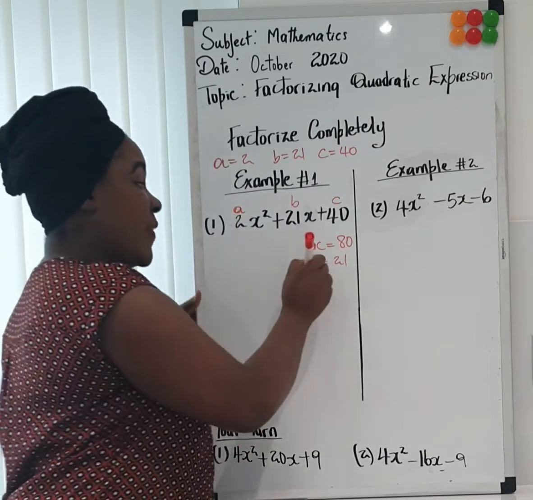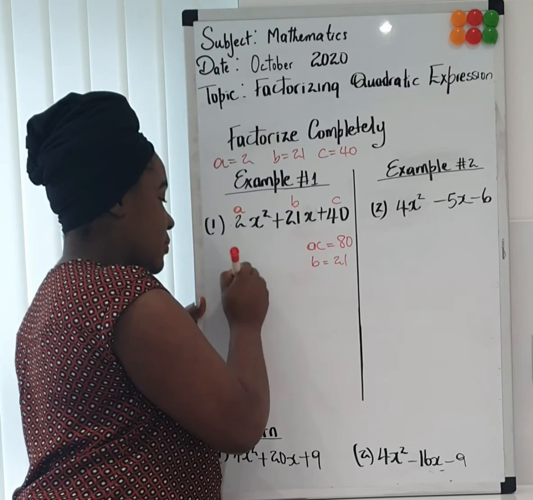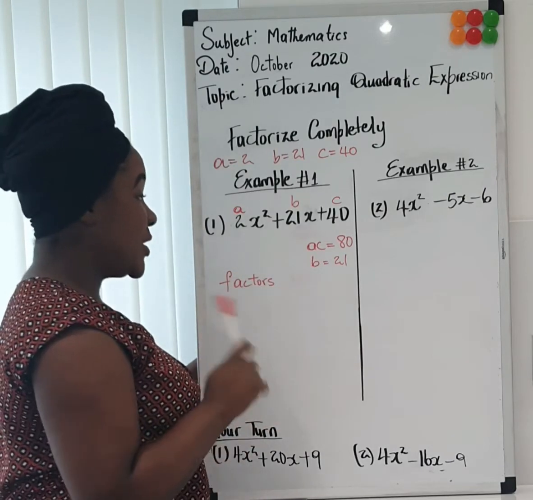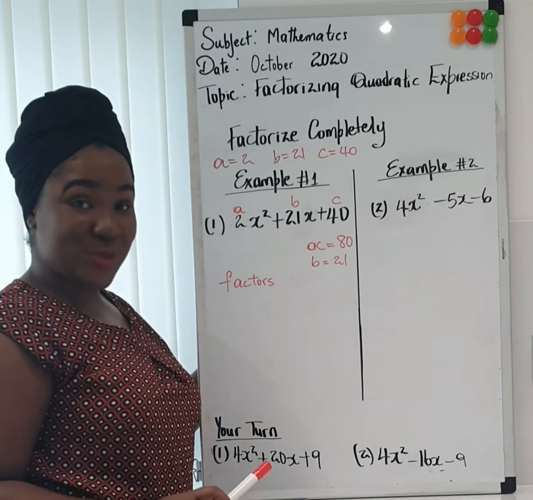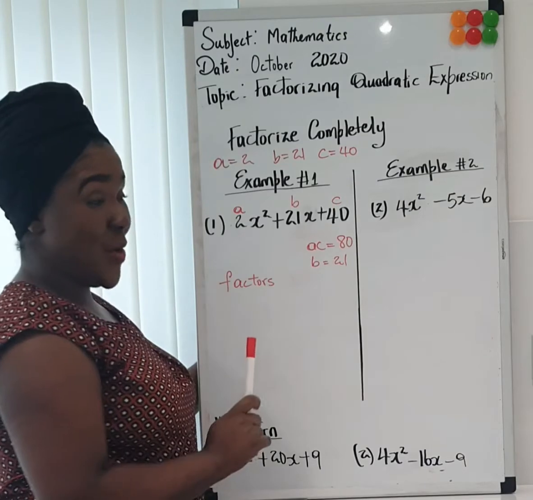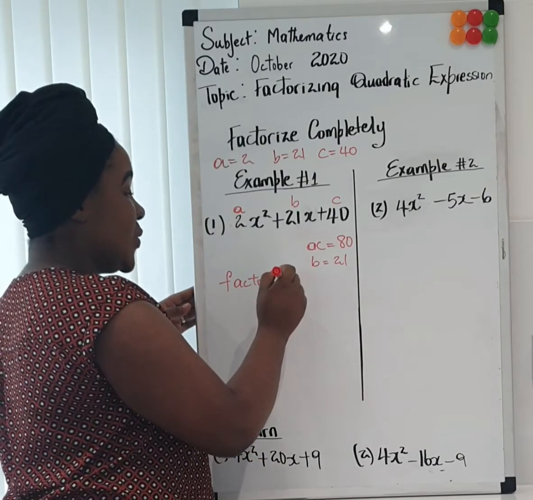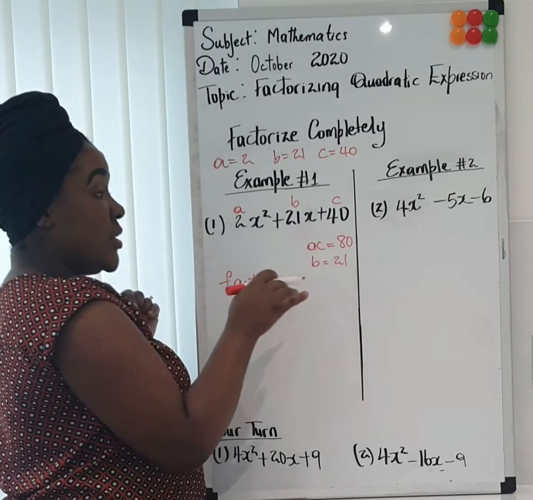We're looking for two numbers that, when you multiply them, you get 80, but when you add or subtract them, you get 21.